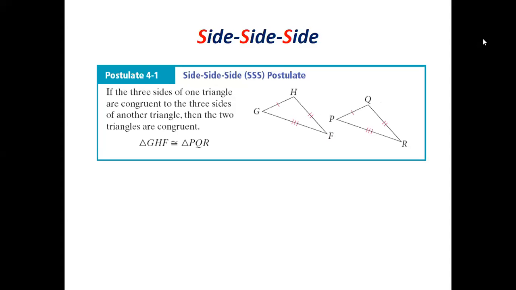And HF and QR. Right? So these are the three conditions which we can verify to prove that the two triangles are congruent. Each two corresponding sides are equal in this case.